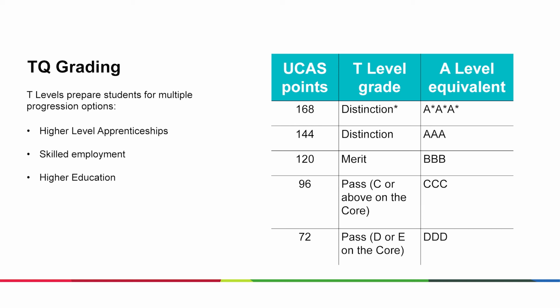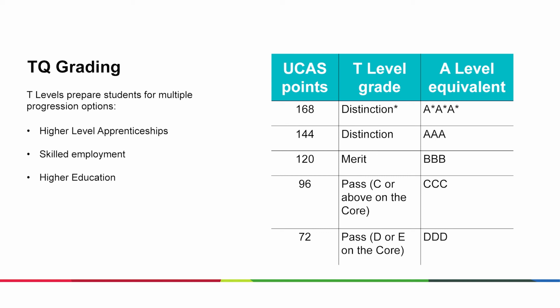Again, I appreciate this slide has been shown today already, but it's important that we understand that the T-level for health and science will have UCAS points attached to it. These UCAS points are fully aligned to an A-level equivalent program. So this is to ensure that our students on the T-level pathways of health and science will have the opportunity to progress to university, because we understand it's really important for those undergraduate students who maybe want to enter the profession of adult nursing, who will need to embark on an undergraduate program at university.